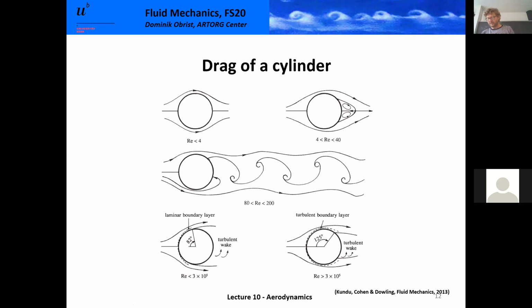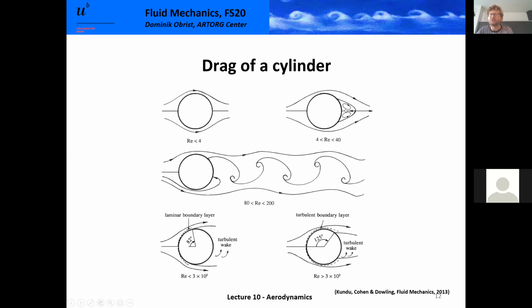If we increase the Reynolds number to range between 4 and 40, we see that the wake starts forming, but this wake is still a laminar wake. We have a separation point here, and we have a recirculation region. Certainly, the pressure here will be lower than it was in the previous case.